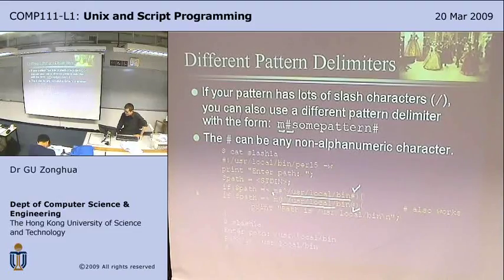So this one also works. Of course, if you want a literal pound inside of the regular expression, if you use pound as the delimiter, you must precede it with a backslash.